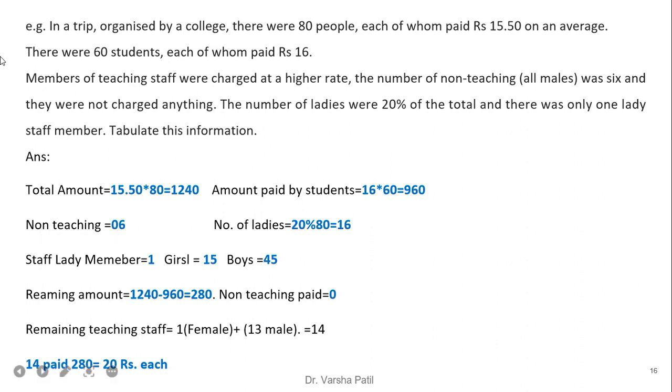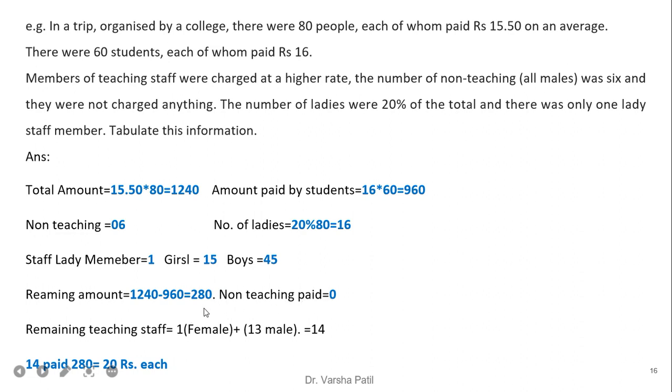The number of ladies is 20% of the total. Total are 80 and 20% of 80 is equal to 16. Therefore, the lady staff member is 1, as given. So 16 minus 1 is 15, so girls are 15. When girls are 15 and total students are 60, boys become 45. The remaining amount is 1240 minus 960, which is equal to 280.